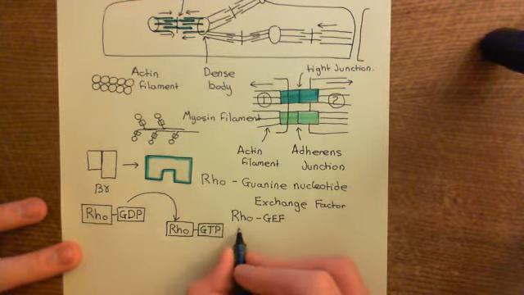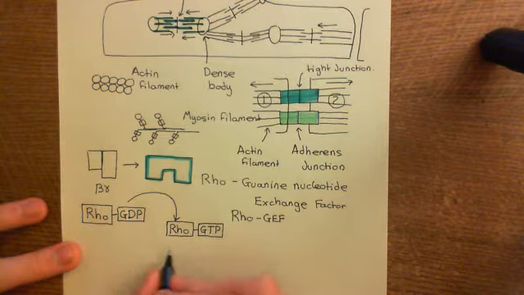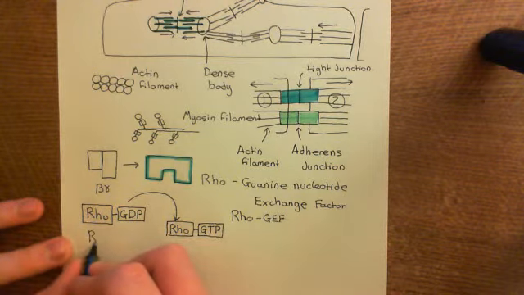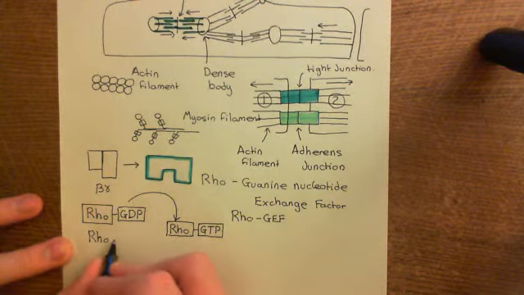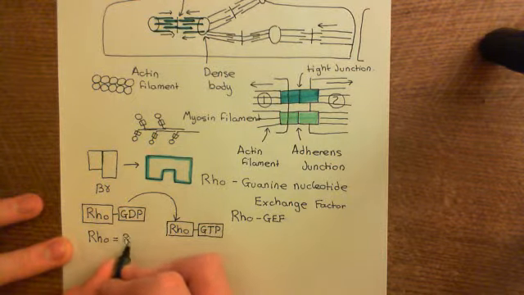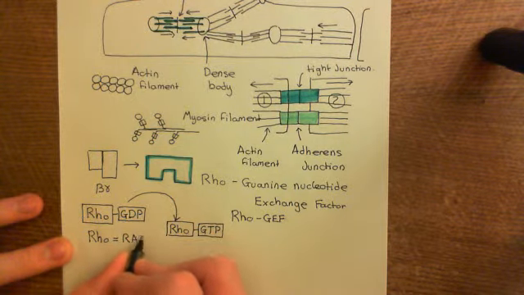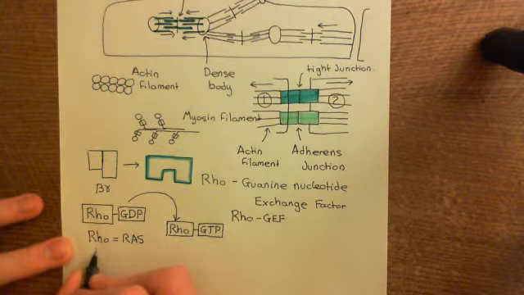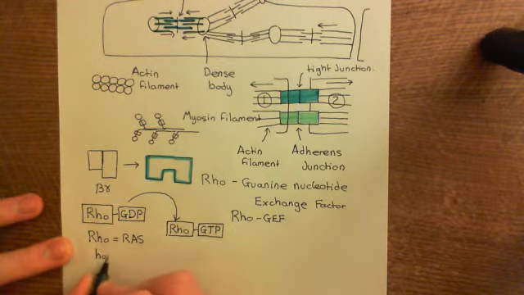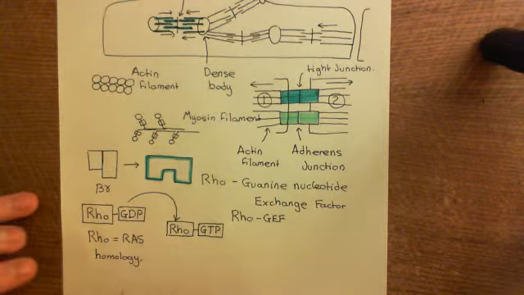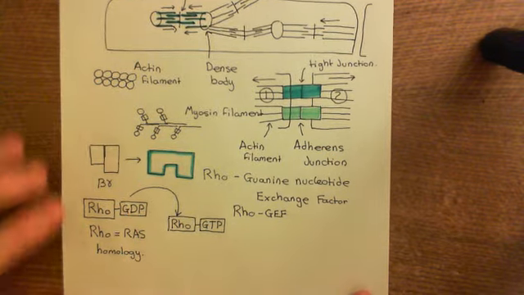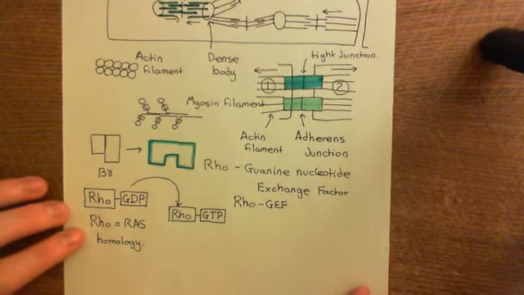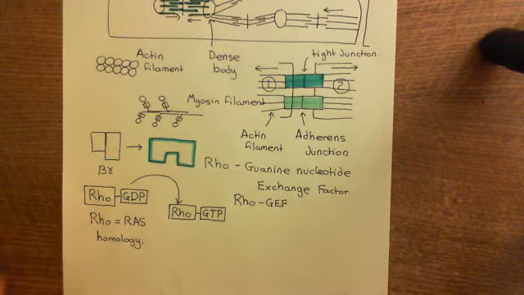Well, Rho stands for Ras homology. RAS is a huge family of monomeric G proteins, so this Rho G protein is very similar to the RAS G proteins. The R comes from RAS, HO comes from homology.